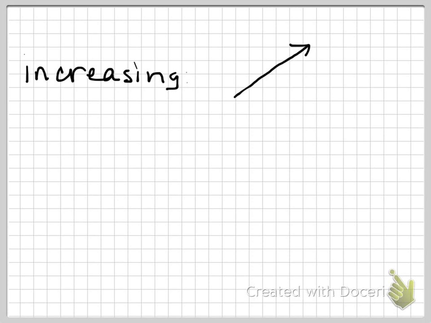Increasing means that the line is going up, right? Always from left to right. Decreasing means that the line is going down from left to right.